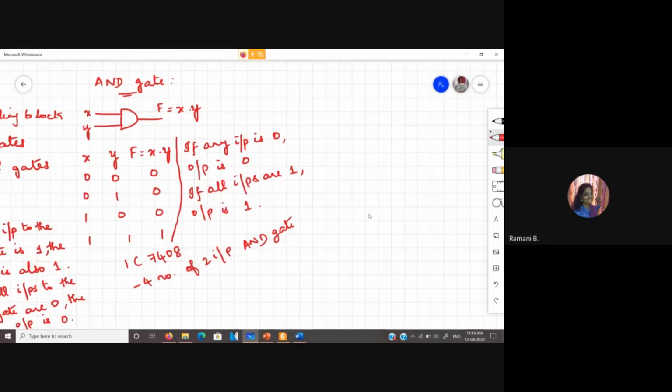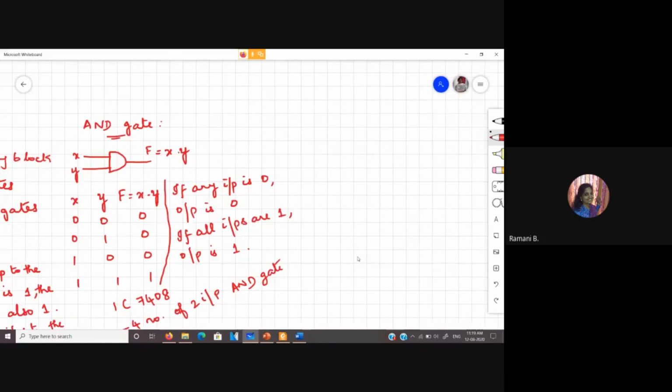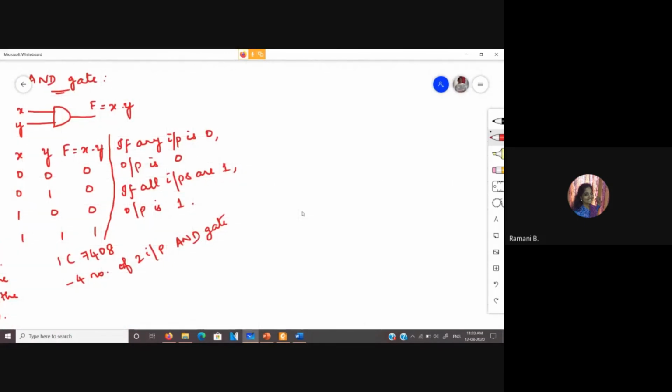Next we have the NOT gate. As the name implies, it is going to perform the NOT operation. That is, whatever you give as input, you are going to give the complement of that. Here we have this triangle symbol and you place a bubble over here.